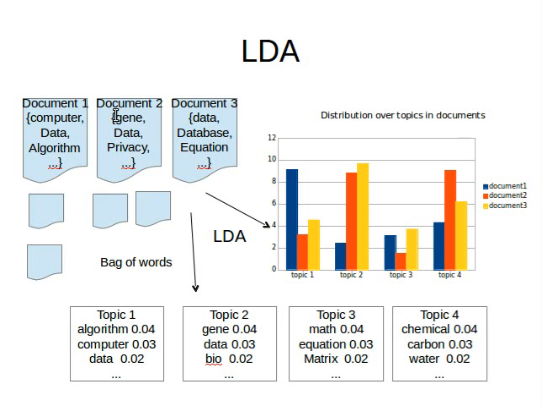And take 3 documents as an example. We plot the distribution over the 4 topics for each document. We can see that each one exhibits some topics more frequently, and some topics less frequently.